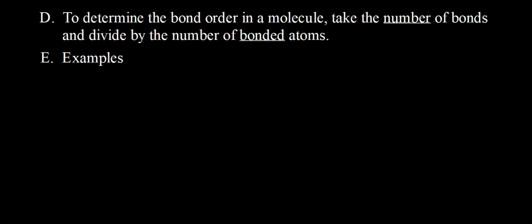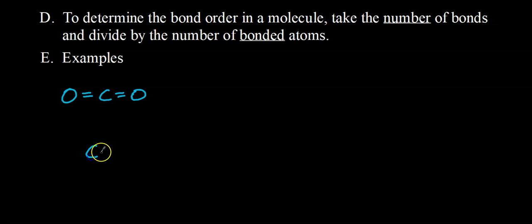So let's go back and take a look at carbon dioxide. Carbon dioxide has 4 bonds, if you will, 2 double bonds. 4 bonds divided by 2 bonded atoms. The bond order in carbon dioxide is 2.